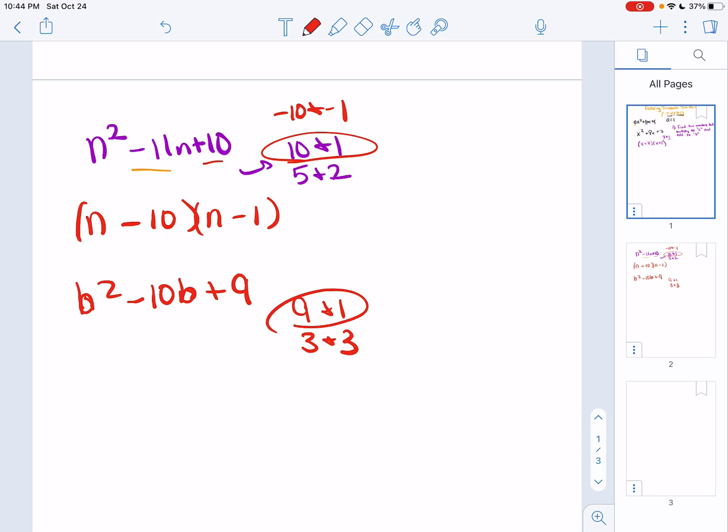Well, it has to be the 9 and 1, and the 9 that we're multiplying to is positive, so they either have to both be positive or both be negative, and we have to add to negative 10. So, you guessed it, they are both negative, because negative 9 plus negative 1 is negative 10. So, when we write our factors, we have b minus 9, b minus 1.